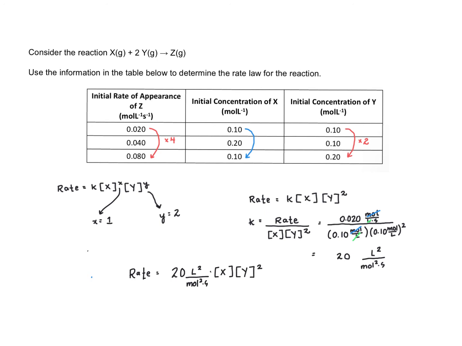And the value of 20 that we have here is only true at the temperature we studied. So the rest of the rate law will be the same, but that value for k changes with temperature.